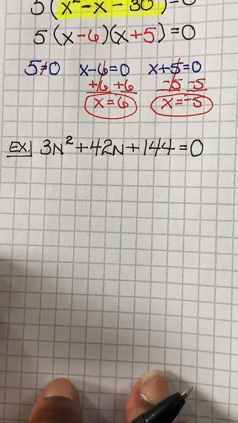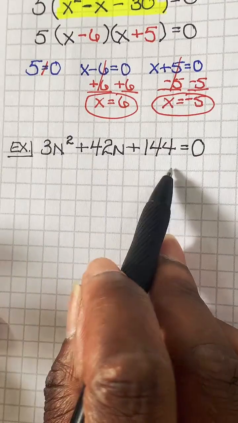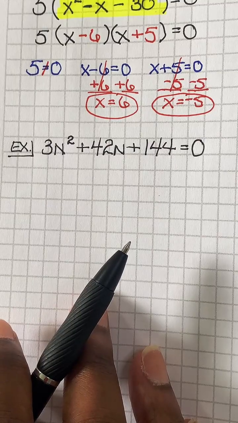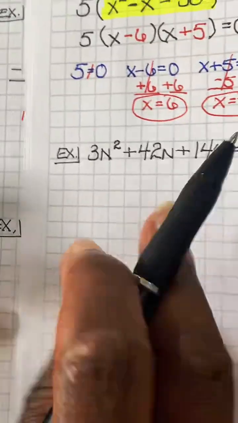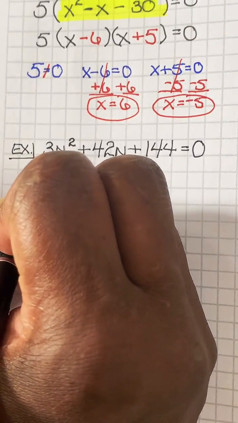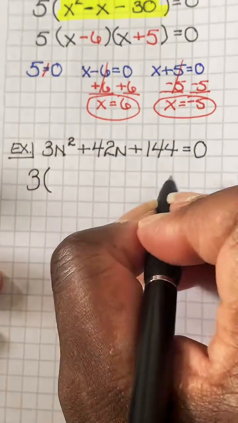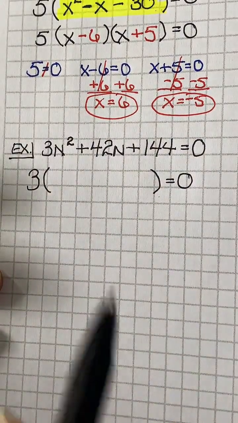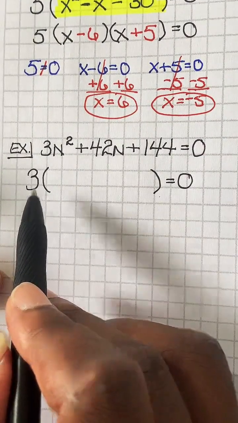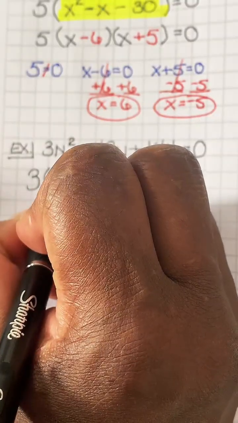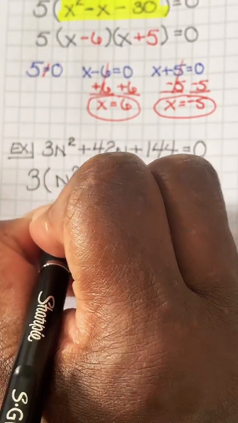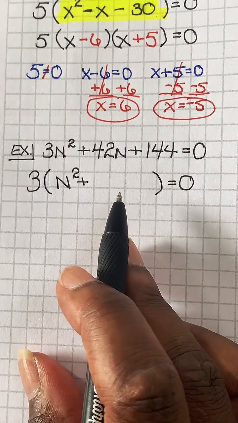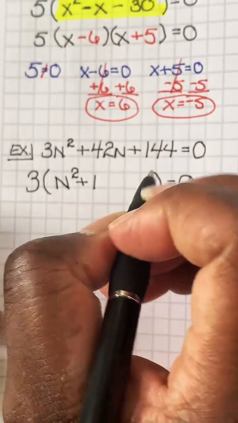So Kai is saying divide by 3. So that means we should be factoring out a 3. Okay. So I'll put the 3 out here. 3n squared divided by 3 will give me my n squared. 42 divided by 3, that'll give me my 14n.